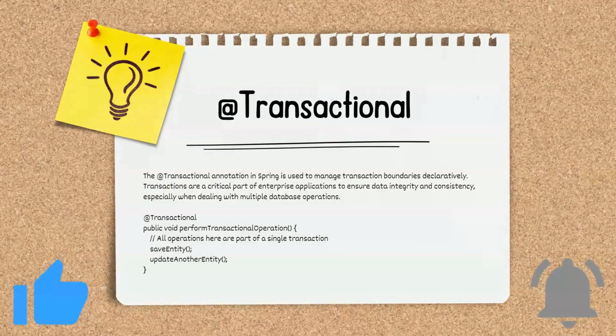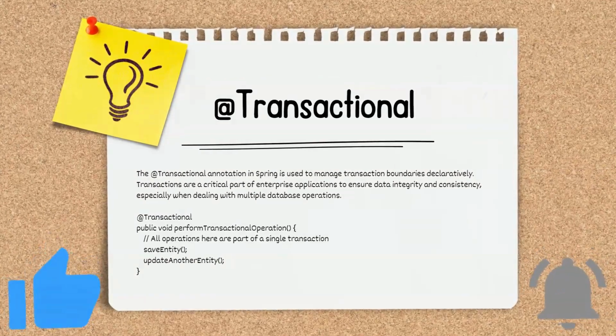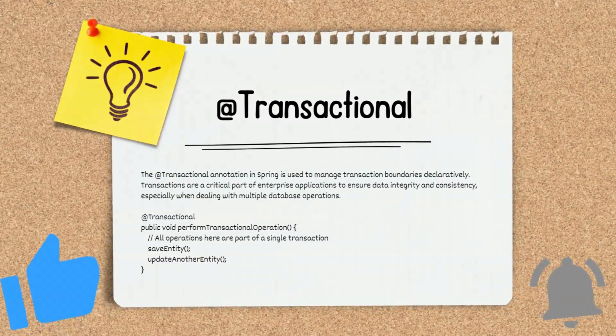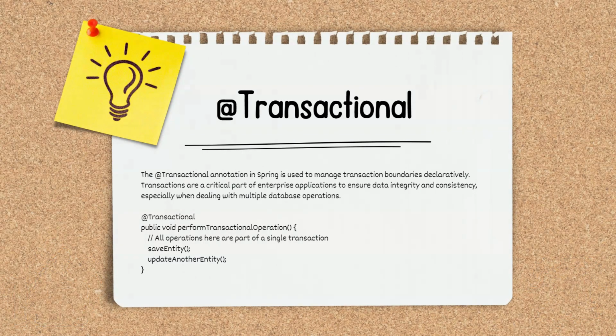All the incoming HTTP requests are handled based on the URL pattern. And the next annotation is @Transactional. This annotation is used to perform transaction operations. What do transactions mean? If you want to perform multiple operations as one single operation, we can mark this complete operation as one transaction.